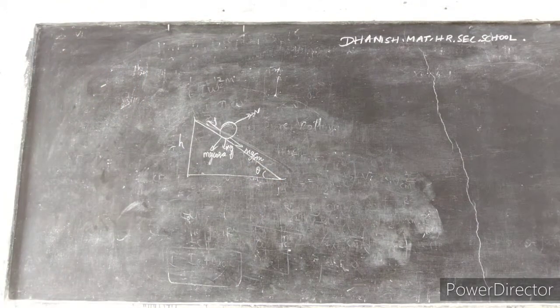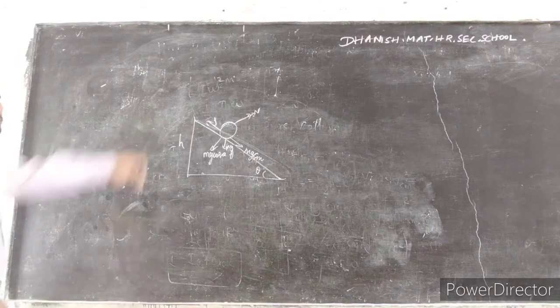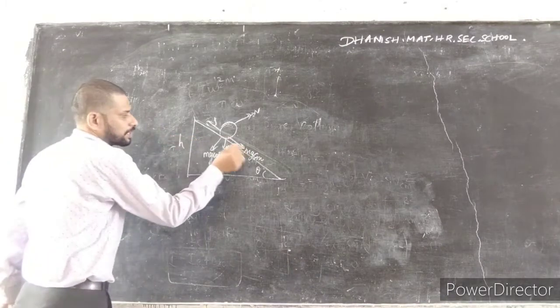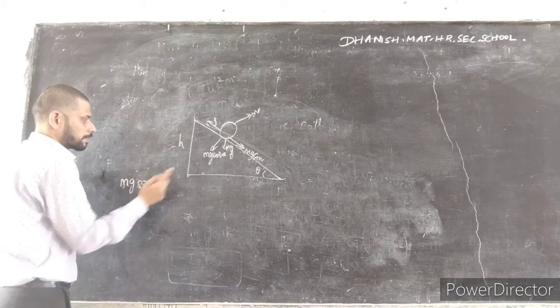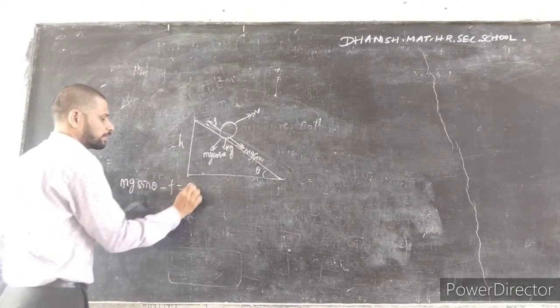Now we apply F equal to ma, Newton's second law. What are the forces acting here when we are doing the rolling motion? mg sin theta, and oppositely the frictional force, will be equal to ma.